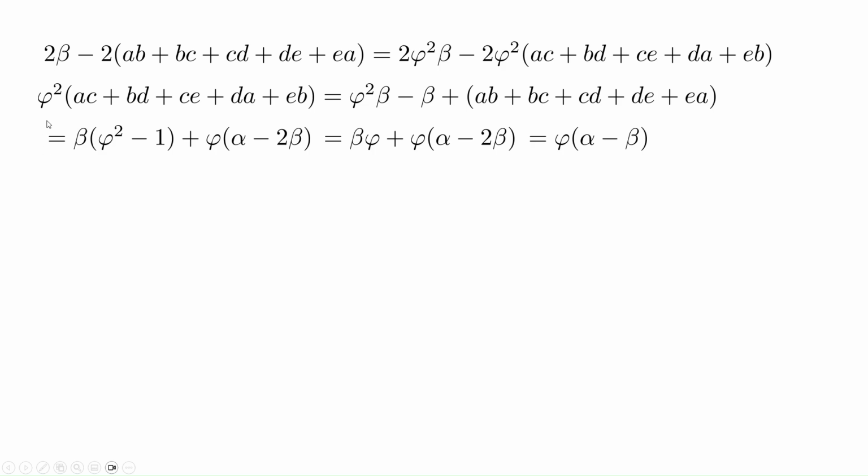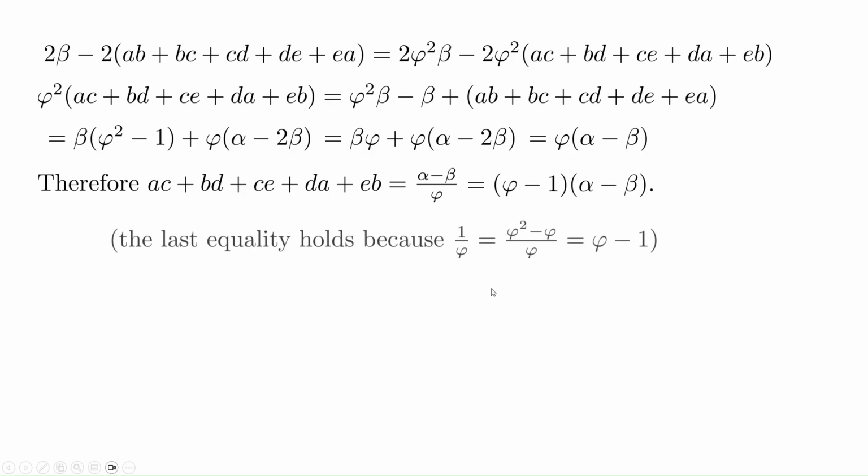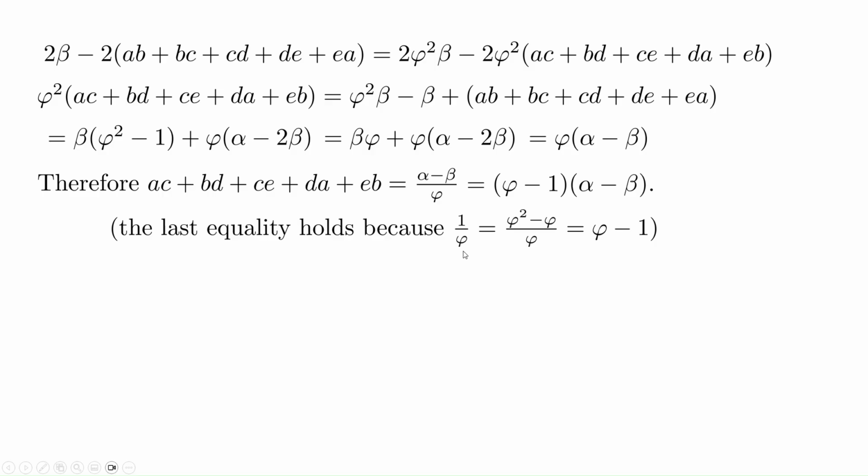So phi squared times the sum equals phi times alpha minus beta. Therefore, the sum equals alpha minus beta divided by phi, which is actually phi minus 1 times alpha minus beta. A quick check: 1 over phi minus 1 is actually equal to phi, by the quadratic equality for phi.